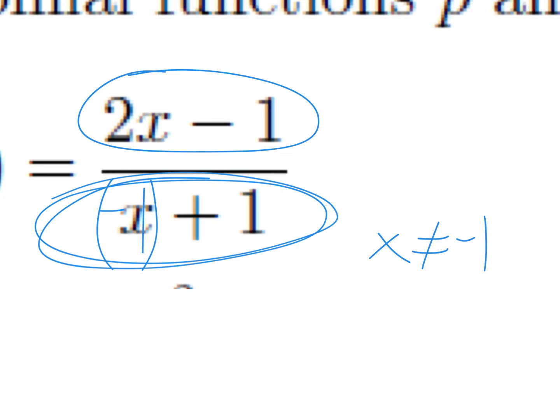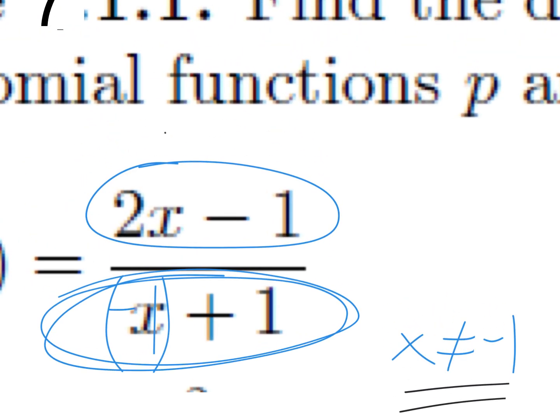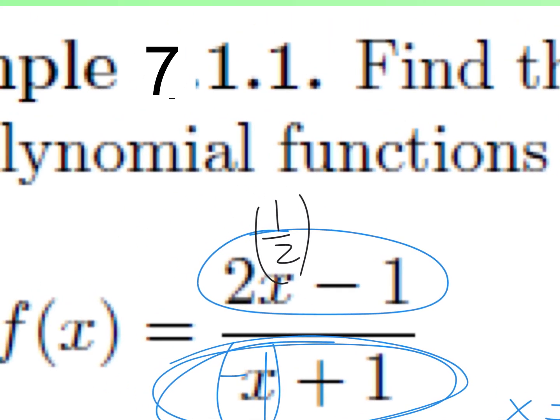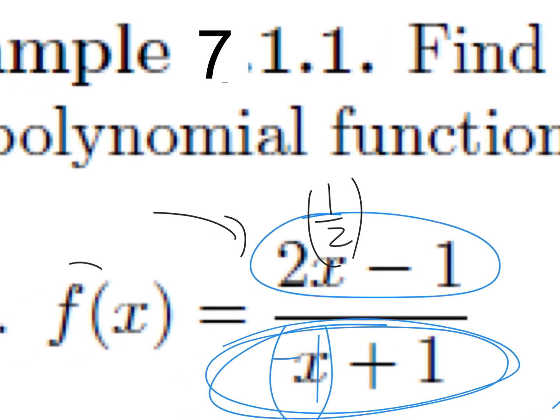Okay, so this tells me that I can feed the function everything except -1. All right, but what the heck is the 1/2? 1/2 makes the top 0. Better take notes. The thing that makes the top 0 is going to make the f of x be 0.